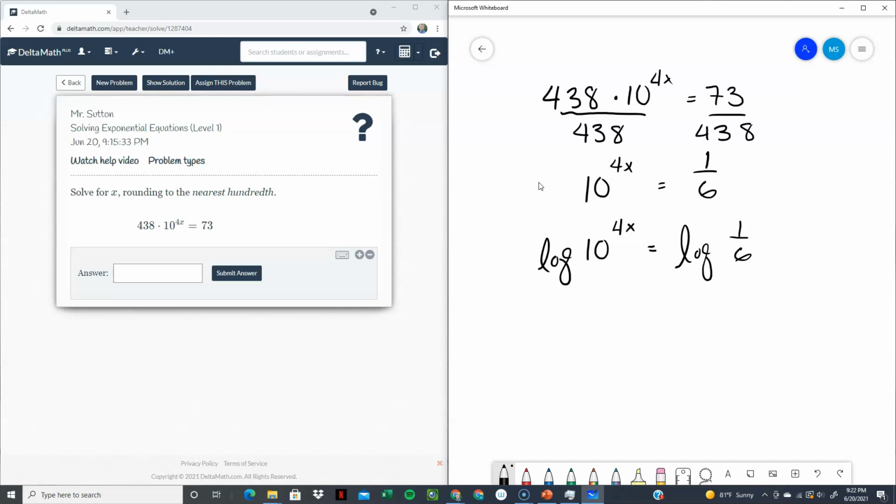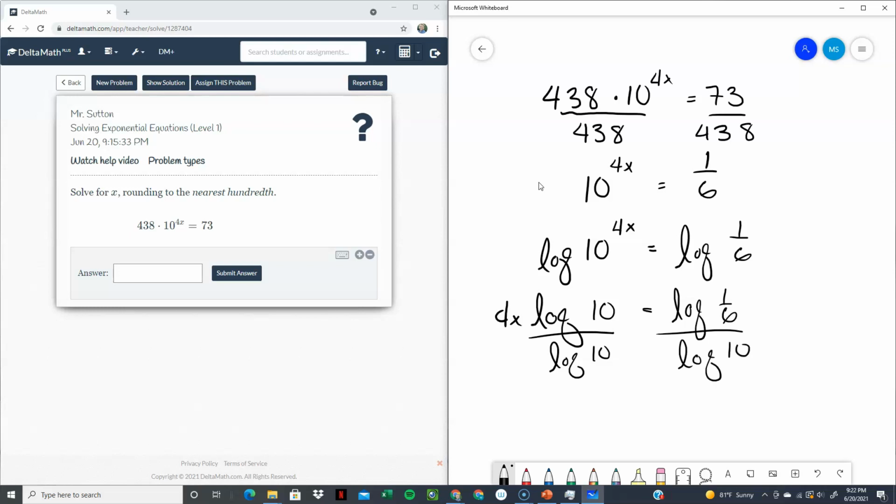And we want to get the x by itself, so we'll move this exponent out in front. And to get x by itself, we'll need to divide by log 10 on both sides. So then we have 4x equals log 1/6 over log 10.